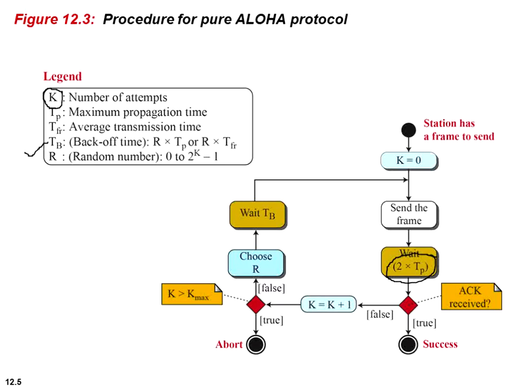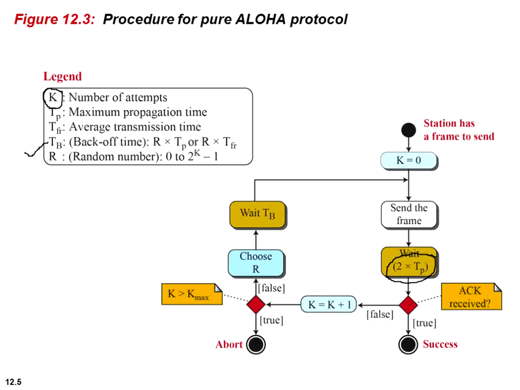Now the formula for TB depends on the implementation. One common formula is the binary exponential backoff.